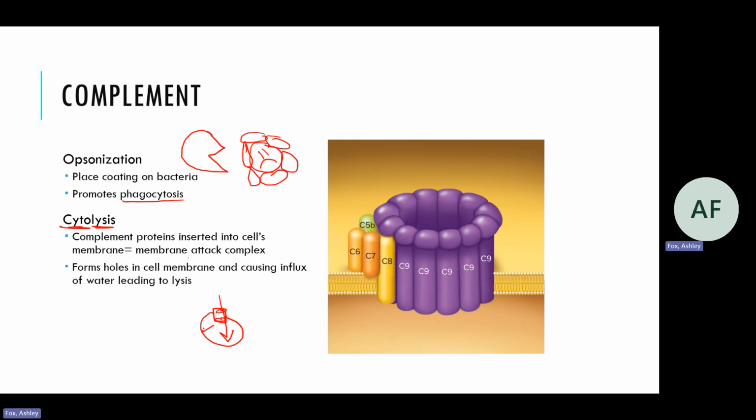And as we increase water, then eventually the cell is going to rupture. So by poking holes in the cell membrane, we saw that with natural killer cells as well, then we can destroy the cell. So this is not only for bacteria cells, they have a plasma membrane, so we're going to cause the cells to die.